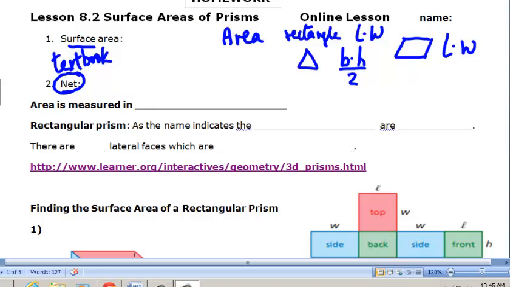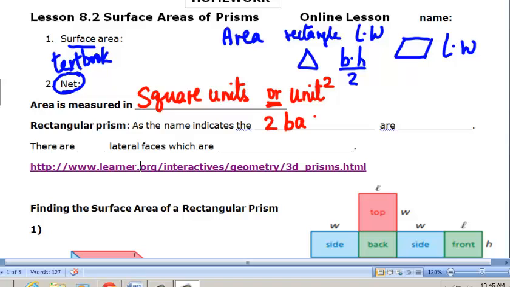Okay, let's go ahead and fill this in. Area is always measured in square units, or you can also say units to the power of 2, or units squared. Now a rectangular prism, as the name indicates, has two bases that are rectangles, and there are 4 lateral faces, which are parallelograms.